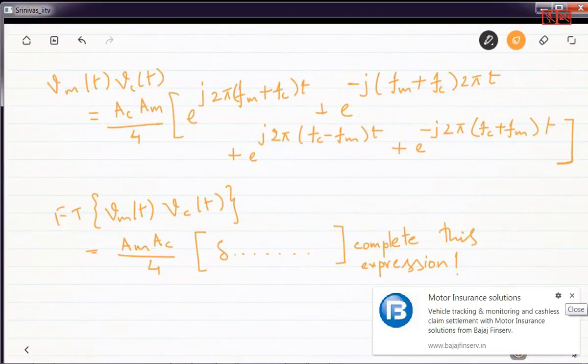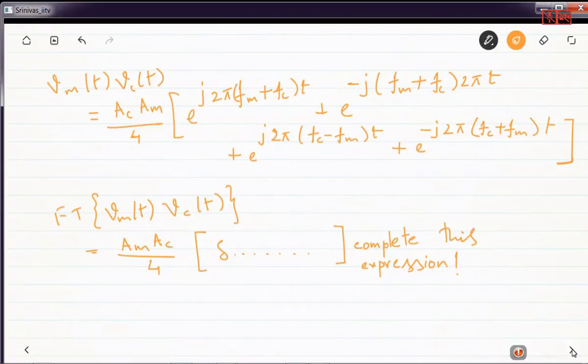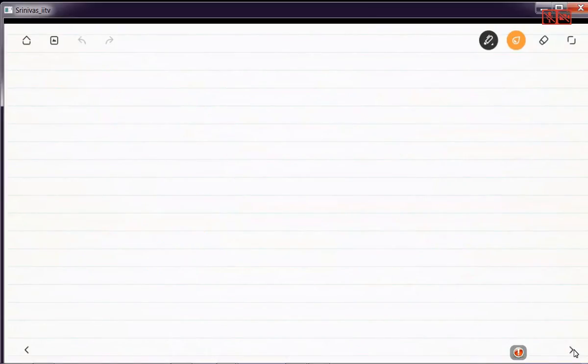So I'm directly drawing the spectrum here. Let us see how it goes. I'm changing the page. Now after multiplication, what do we have? Here we have 0.